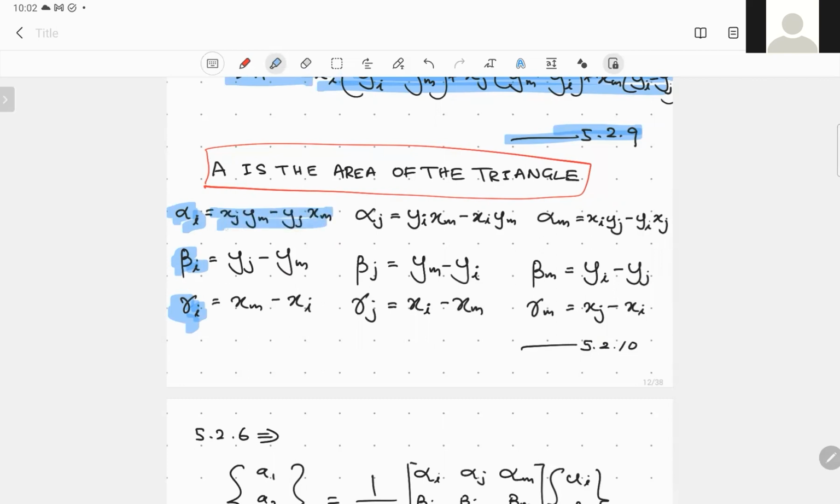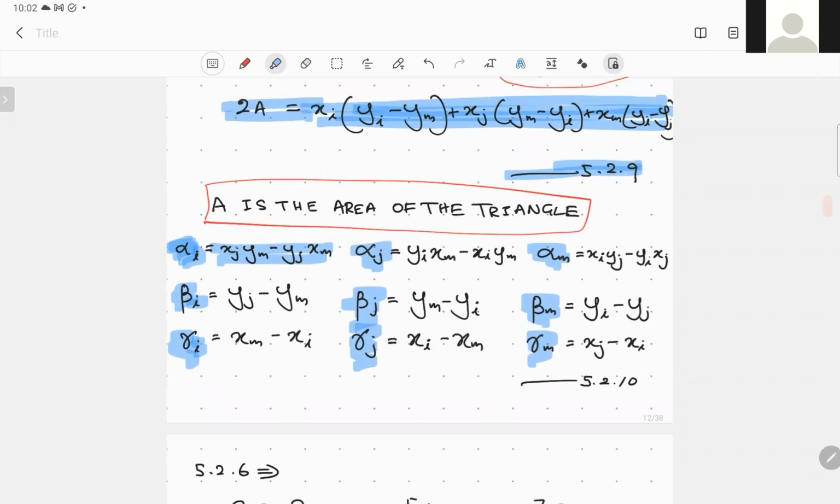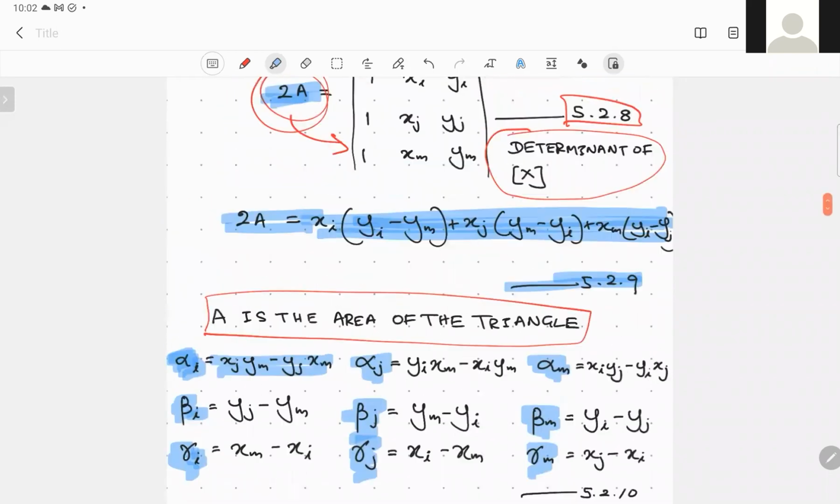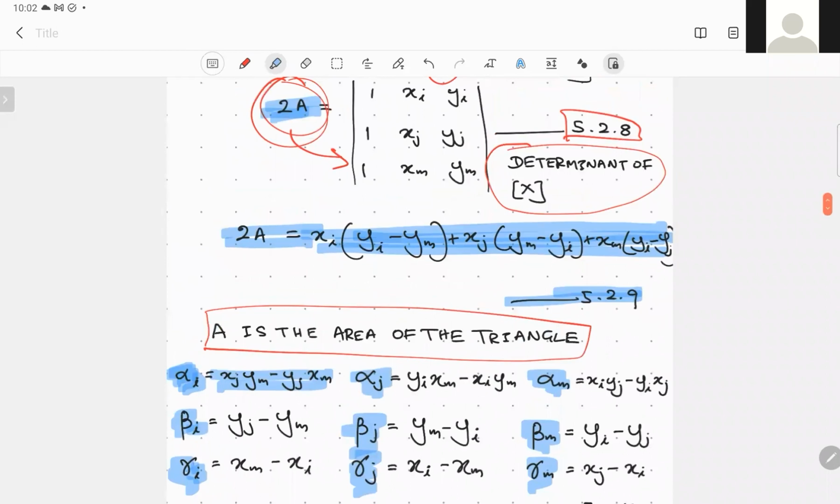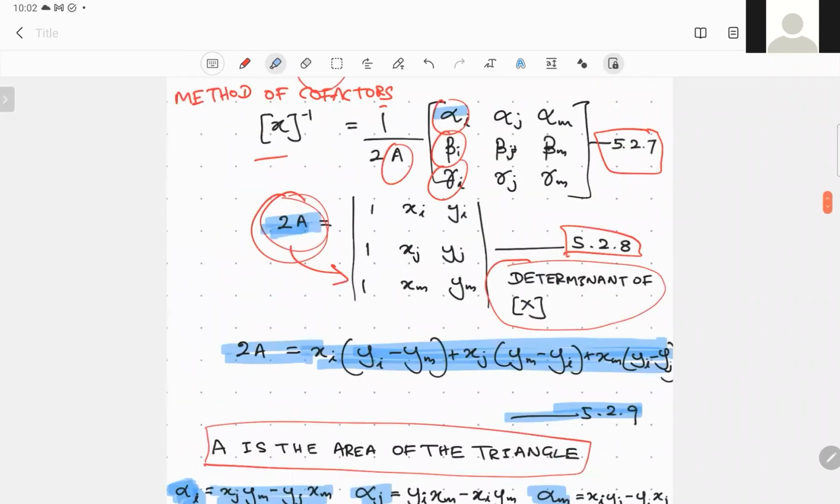Basically, they are coefficients, because x_i, y_m, and so on are nodal coordinates. So using these different nodal coordinates, you can obtain these coefficients or constants. For example, beta only corresponds to the y coordinates, and gamma corresponds only to the x coordinates. So there's a pattern. In order to simplify the inverse of the matrix, I have used these definitions.